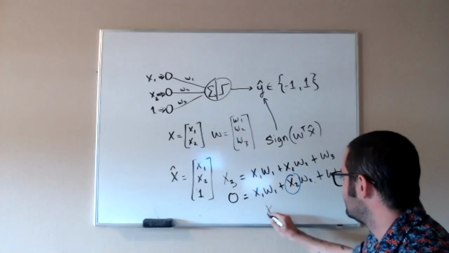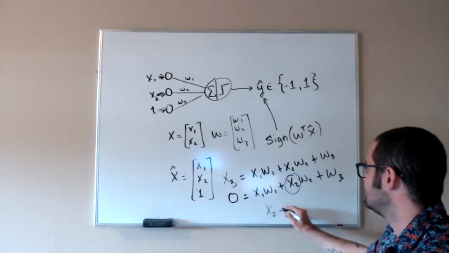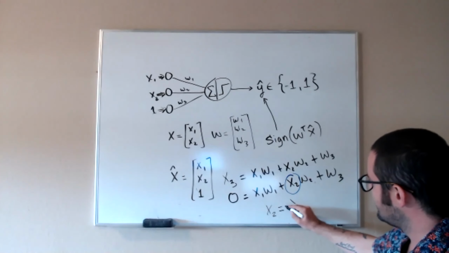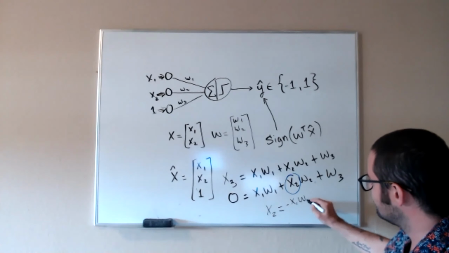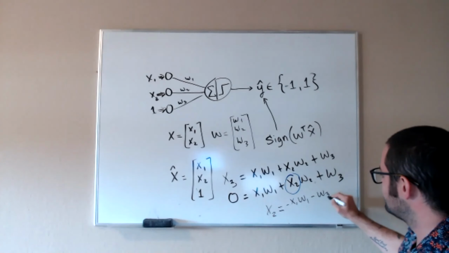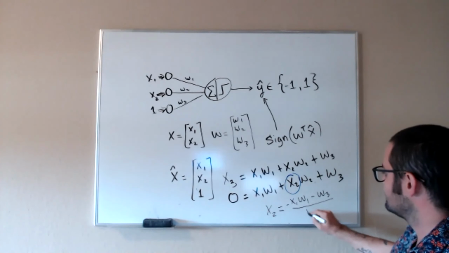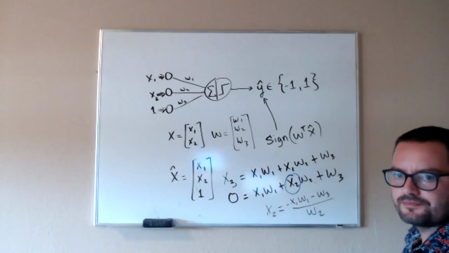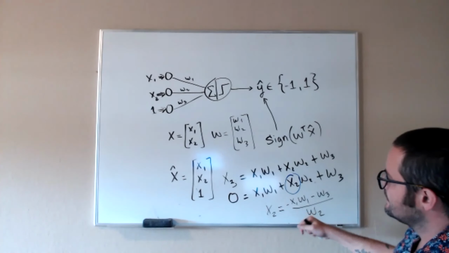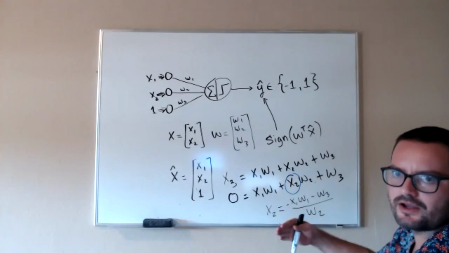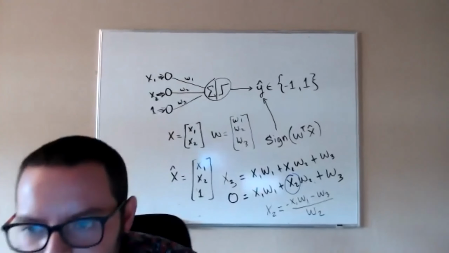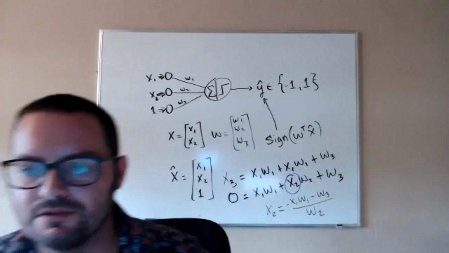You get x2 is equal to negative x1 w1, move that over, minus w3, all over w2. So this is the equation of a line in the xy plane that we've learned, and that line should be a separator for the data. So negative x1 w1 minus w3 over w2.